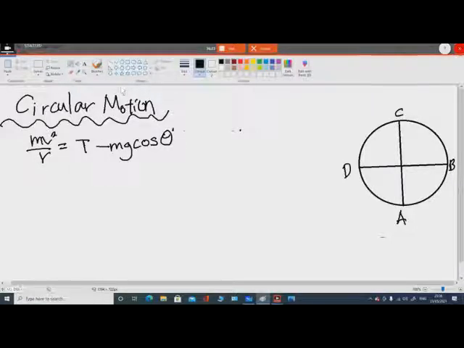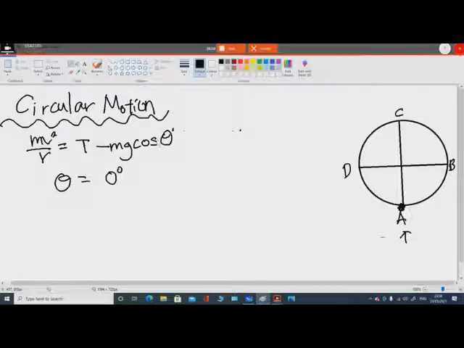Consider this is a vertical circle, and we allow the object to have circular motion in this vertical circle. Let's say we start from point A. Since we start from point A, our angle is 0 degree.